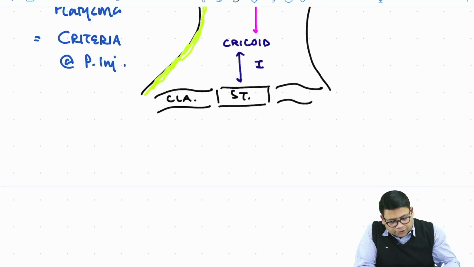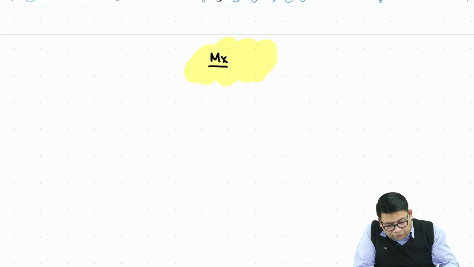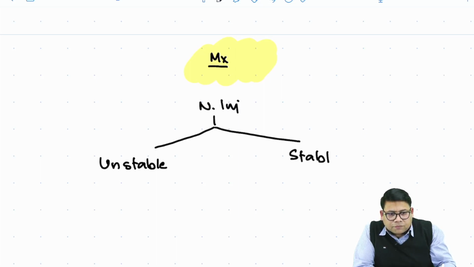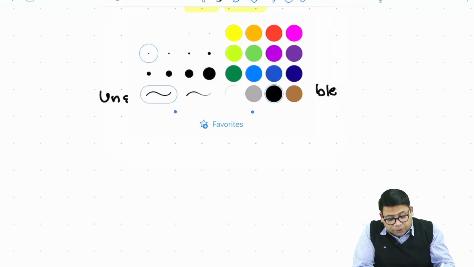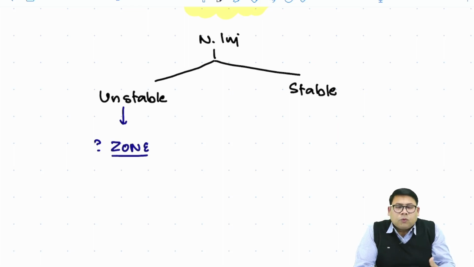So let us try to understand what is the management without wasting much time. When you talk about the management, the first thing that we all need to understand is, whenever we talk about the neck injury, we have to see whether the patient is unstable versus stable. Unstable versus stable, this is very important. If the patient is unstable, the very next question that you need to ask is, which zone is actually involved.